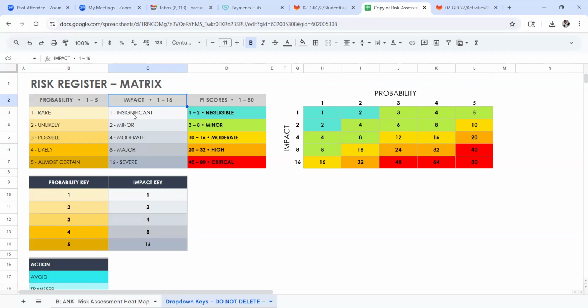It falls into one of 5 categories: insignificant, minor, moderate, major, severe. So probability 1 to 5: 1 is rare, 2 is unlikely, 3 is possible, 4 is likely, 5 is almost certain. Impact is the same.